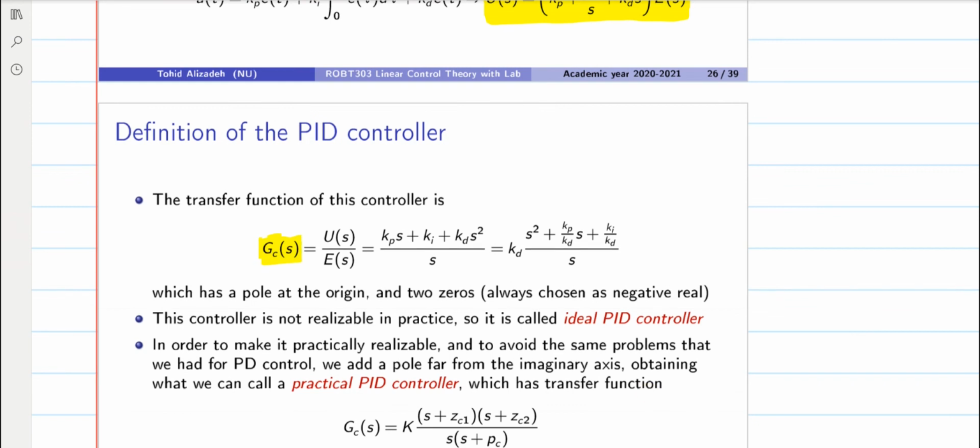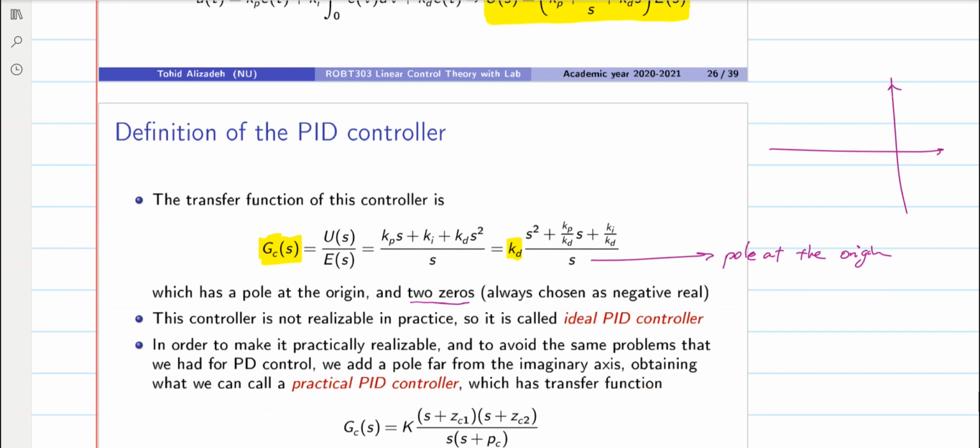It could also be rewritten in this form: Kd times S squared plus Kp over Kd times S plus Ki over Kd, over S. We can see that it has a pole at the origin, and there are two zeros, and those two zeros are always chosen as negative real.